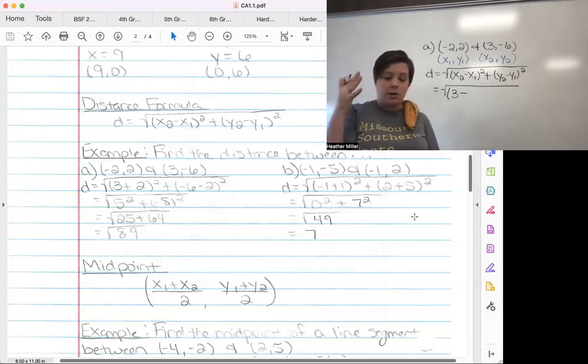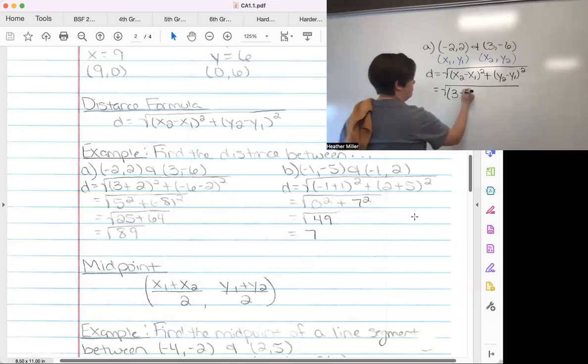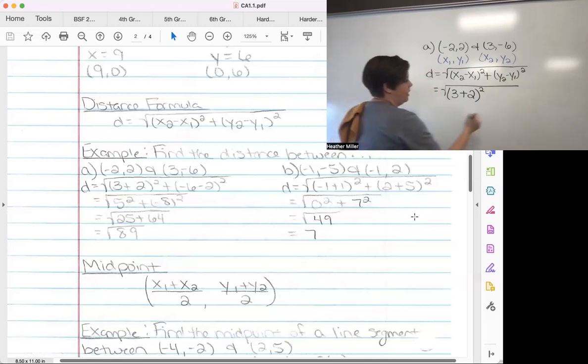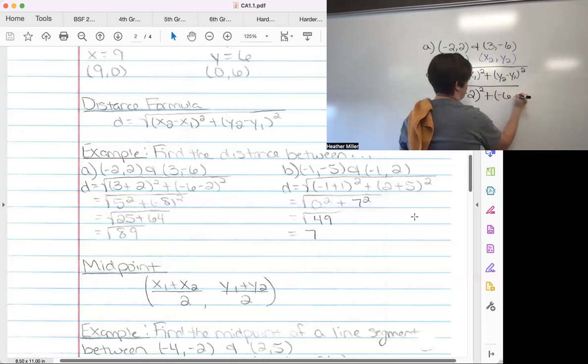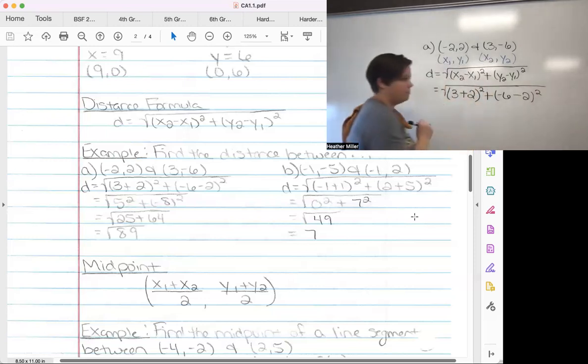Hopefully that's sending off alarm bells in your head, because if you have a negative and a negative right next to each other, you can actually change that into a positive. So it'd be like saying +2 quantity squared. And then you'd have plus, and then my y2 is -6 minus my y1, which is +2. And all of that is quantity squared.